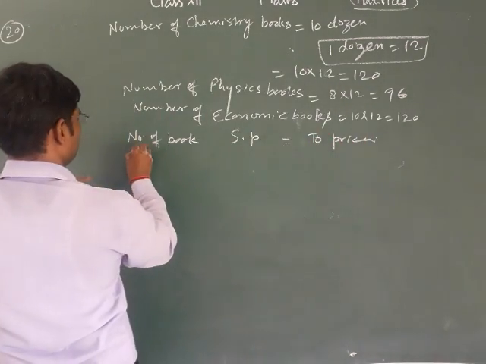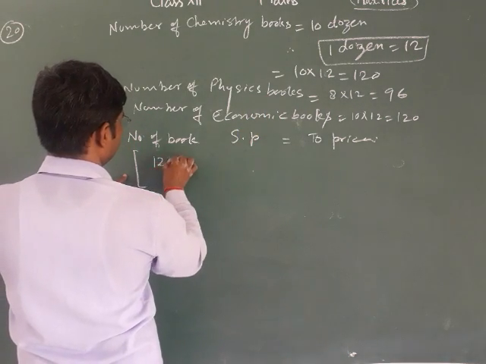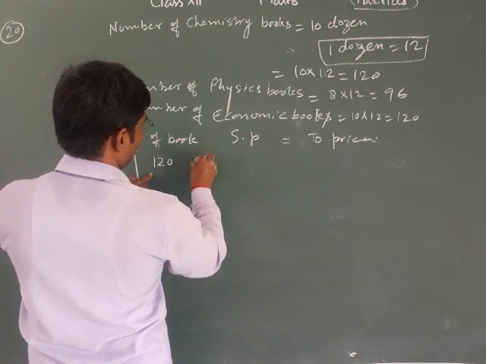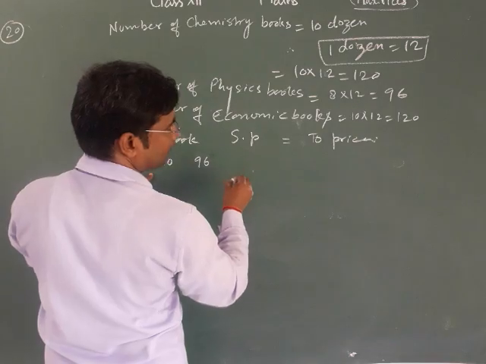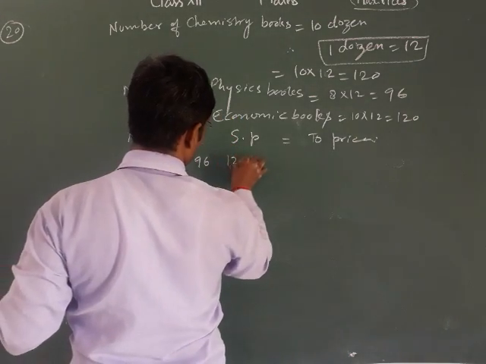So the number of books is 120, 96 and 120.